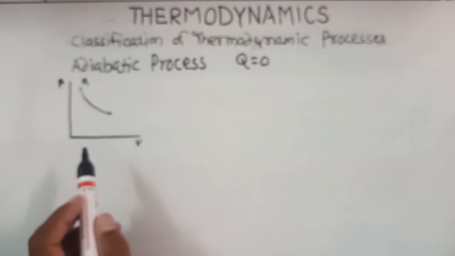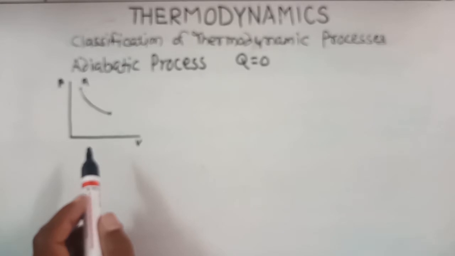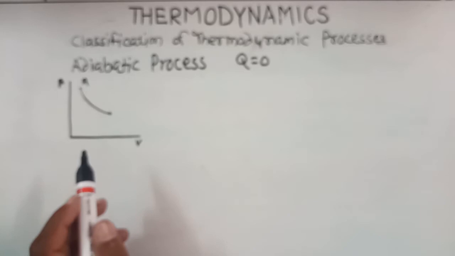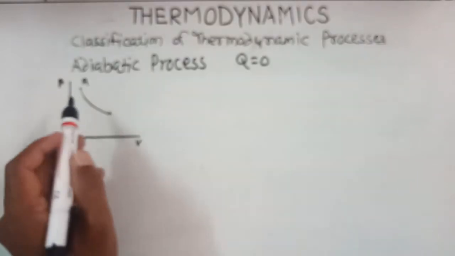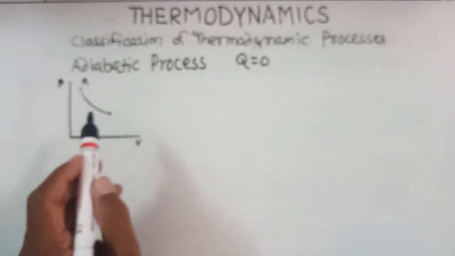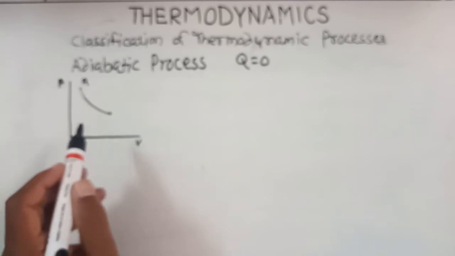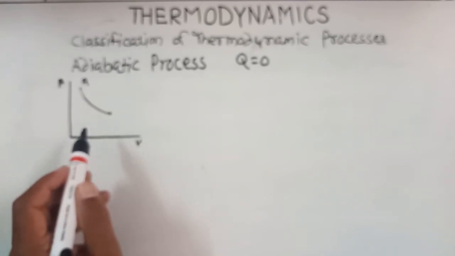So that energy is taken from the internal energy of the system. In the same amount, the internal energy is decreased. When there is expansion, the temperature decreases and the internal energy decreases.